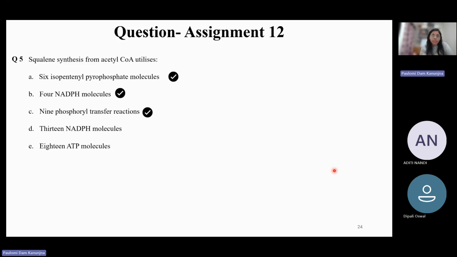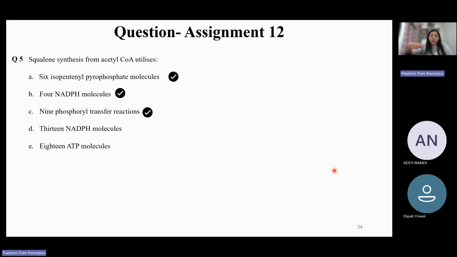So if you remember these steps, then the correct ones are, as I just discussed, 6 IPP molecules, 4 NADPH, because you have 2 NADPH during mevalonate synthesis and 2 NADPH during farnesyl to squalene synthesis. That's there. Third one is 9 phosphoryl transfer reactions. When you are generating one IPP, if you remember, you have 3 ATPs.